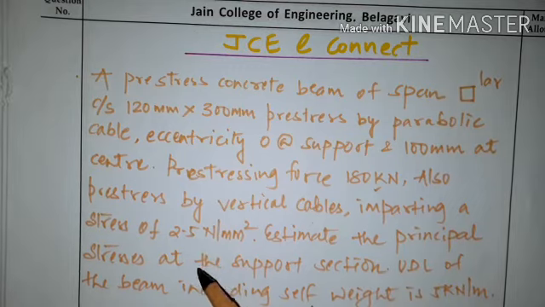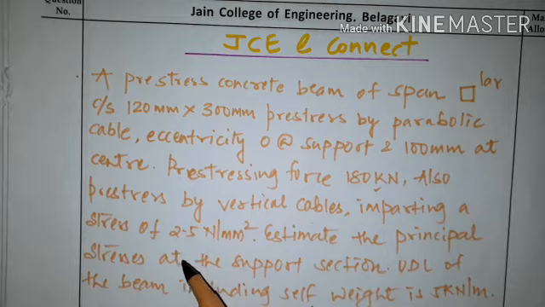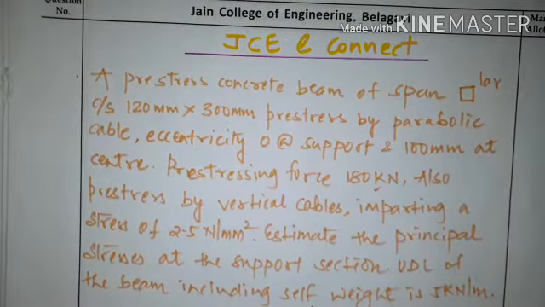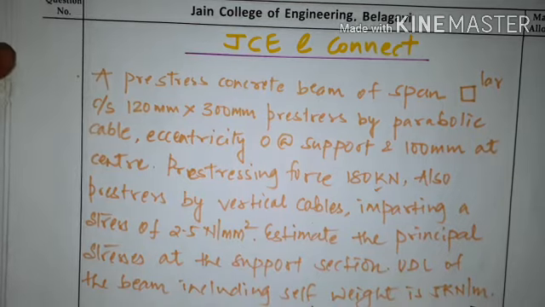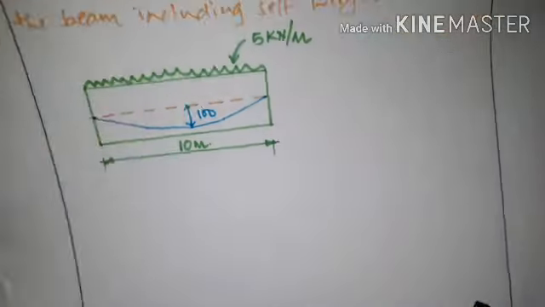So this beam also carries a vertical pre-stressing force. They have not given the vertical pre-stressing force, but they have given that it develops a vertical pre-stress of 2.5 Newton per mm square. Estimate the principal stresses at the support section. The UDL on the beam is 5 kN per meter, which includes its self weight also.